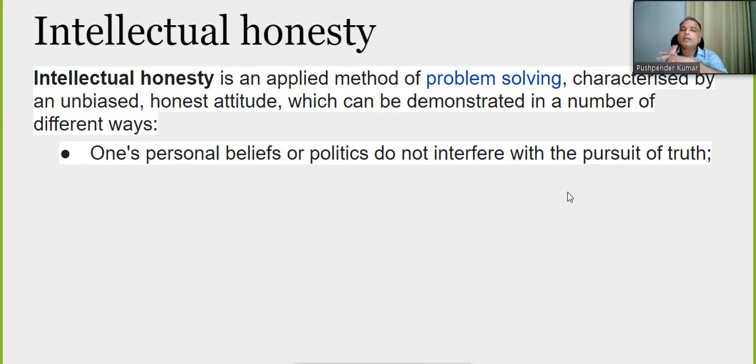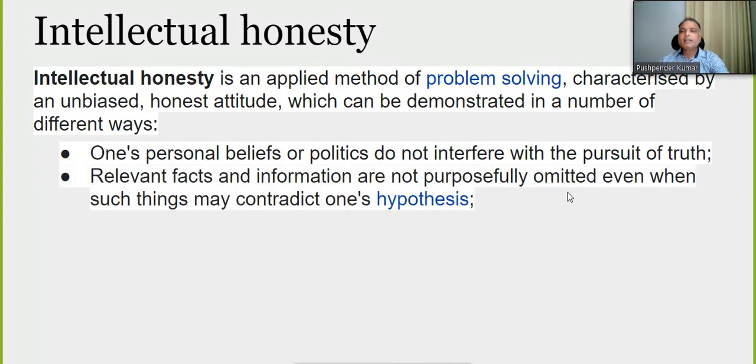It should not interfere with the result, the outcome you came out with in your intellectual work. That would be intellectual honesty: you may have different beliefs, but whatever truth comes, you need to tell people that this is the truth, though my belief was something else, and it should not be affected by any politics.